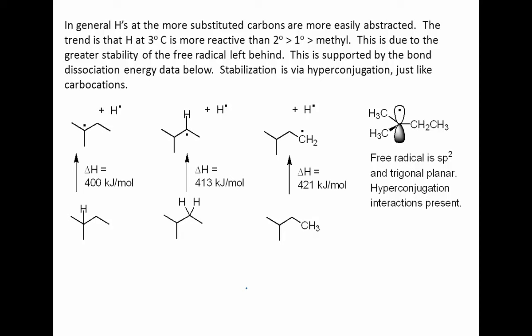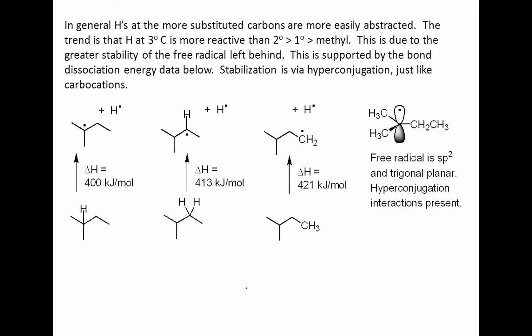In general, the hydrogens at the more substituted carbons are more easily abstracted, and the trend is that hydrogen at tertiary carbon is more reactive than secondary, more reactive than primary, more reactive than methyl. This is due to the greater stability of the free radical that you leave behind. And this is supported by the bond dissociation energies as well.